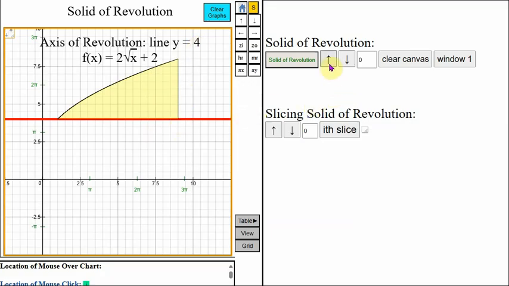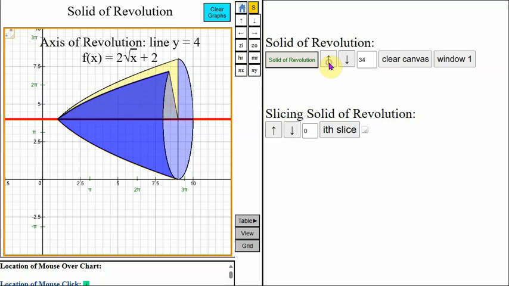So let's revolve it. And we have the solid of revolution.